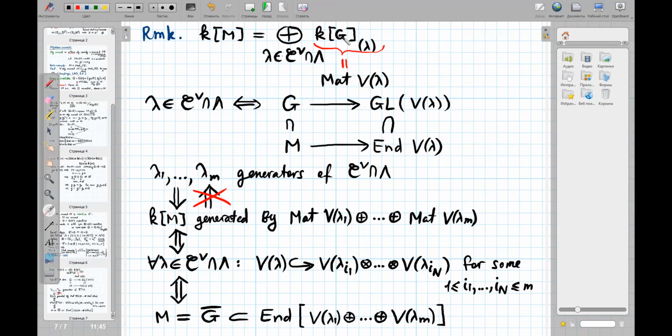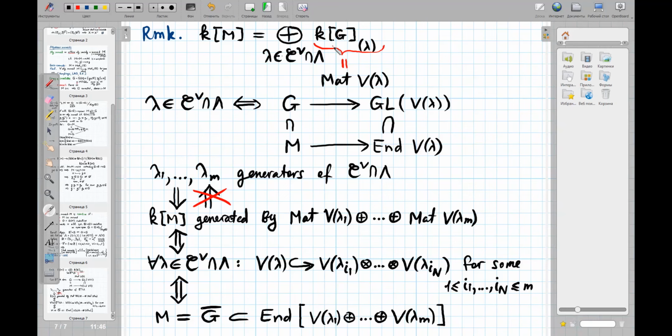Matrix entries are functions on G, right? Yes. And on these functions, you can act by G cross G, by a left translation of an argument and by right translation of an argument. So we have a representation of G cross G on this space. And a representation of G cross G is a tensor product of two representations of G. Here, V lambda star comes from the action on the right. So it is the double action. Yes, this is because of the double action.